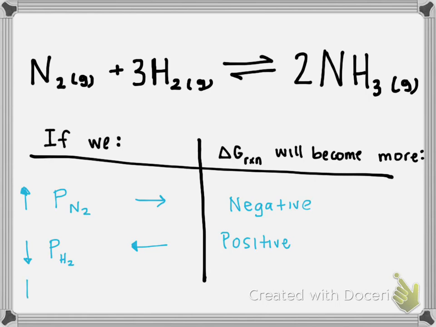And then if we say increased the partial pressure of the ammonia gas, now we've increased our amount of products, so we're going to shift back to make more reactants. And if we're going backwards again, our delta G reaction is going to become more positive. Okay, so we can relate this thermodynamic information back to our equilibrium discussion with LeChatelier's principle.